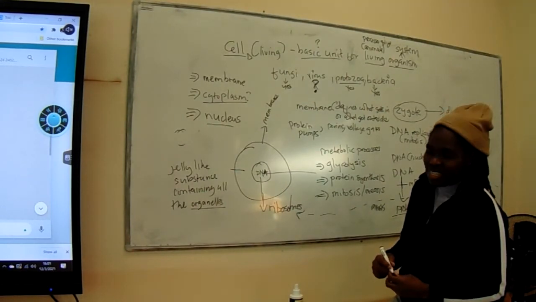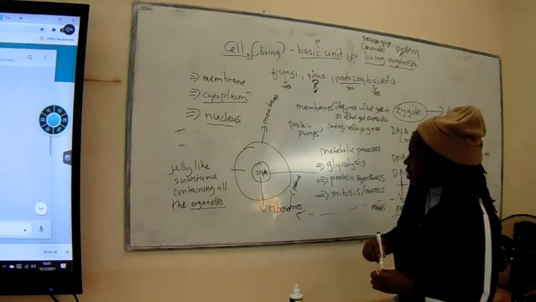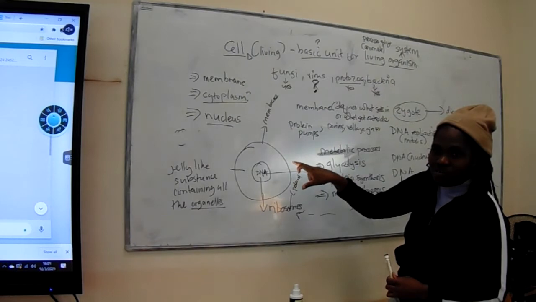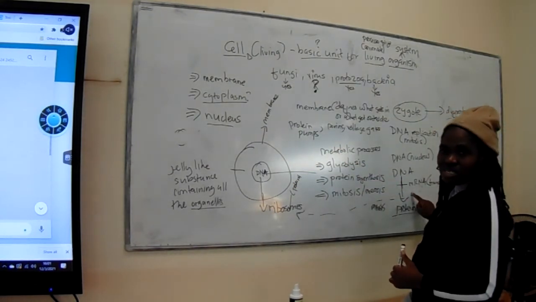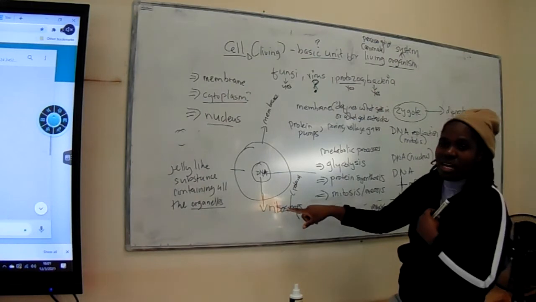What? Protein. Exactly. Protein synthesis. So the instructions, the sequences that we have to make your proteins, are carried by your messenger RNA, an intermediate molecule, and then carried to the ribosomes.